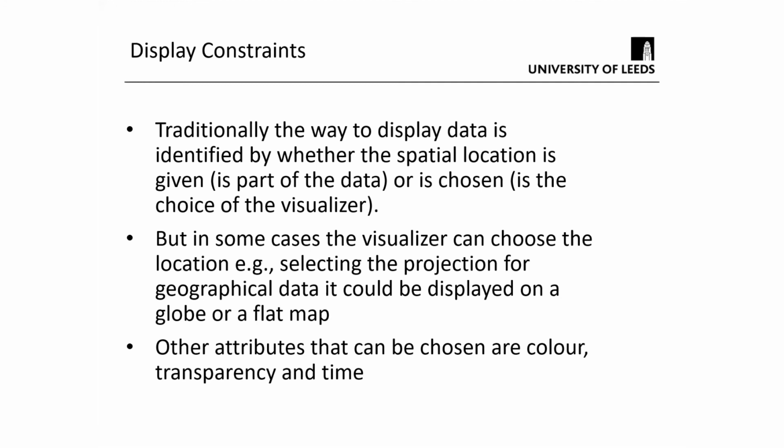So most engineering problems have a space around them, but some more esoteric or mathematical ones might have a choice. But in some cases, the visualizer can choose whether you're going to give it a location or whether you want to put it next door to another value to see. So you can also choose color, transparency, and time.